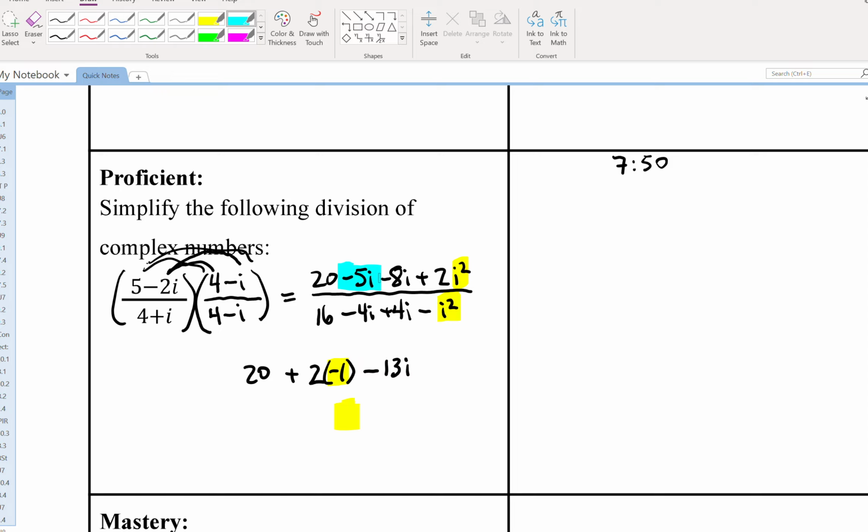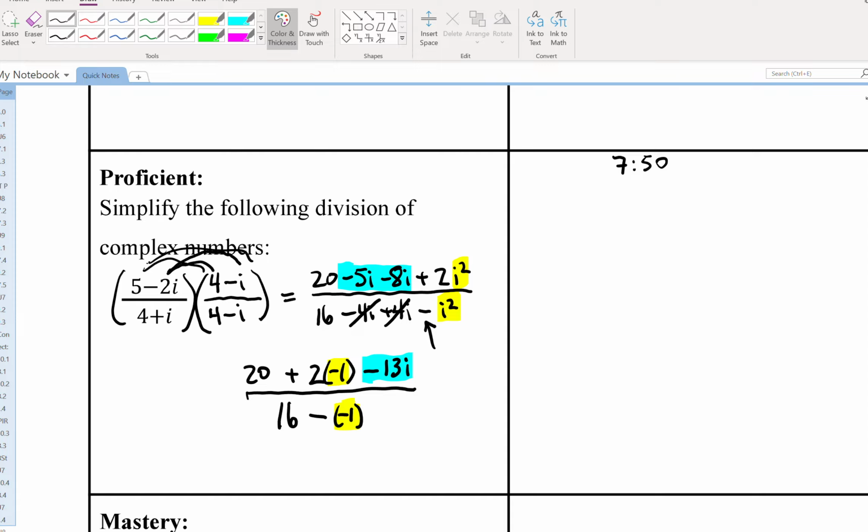Negative 5i, negative 8i, there's my negative 13i. These two, negative 4i plus 4i, they just cancel. And then I've got 16 minus negative 1. Again, there's my i squared. That's negative 1, but it is being subtracted. And so I've got 16 minus negative 1. That's the same as 16 plus 1.